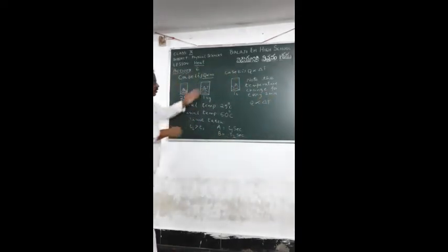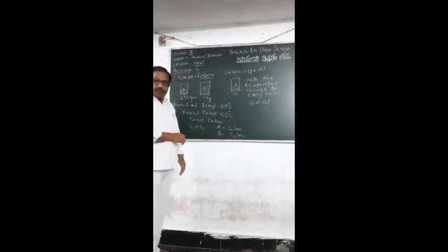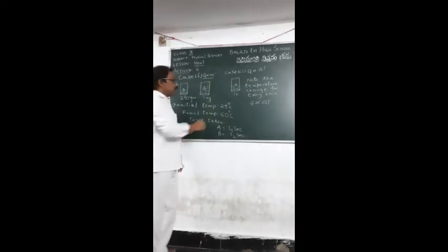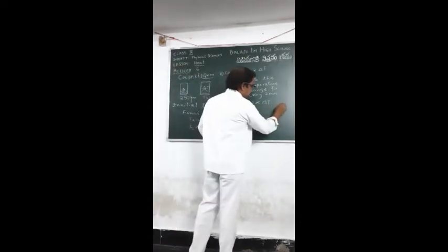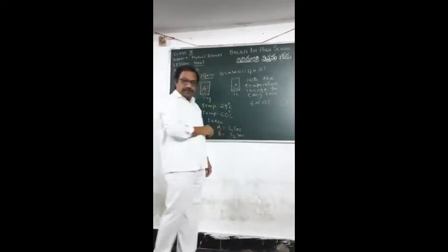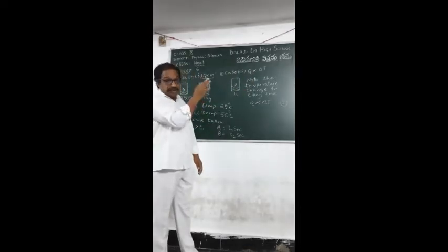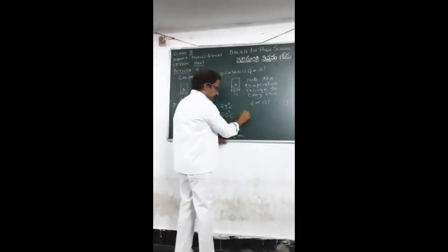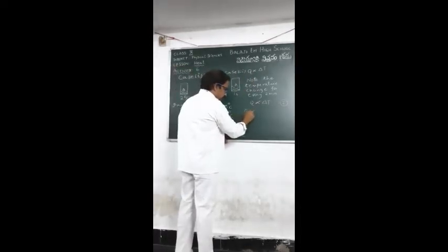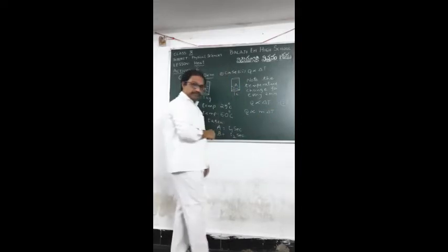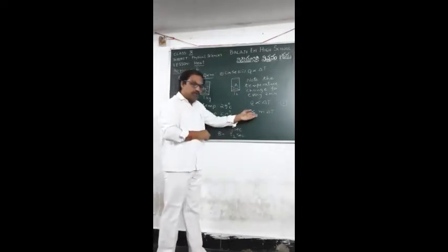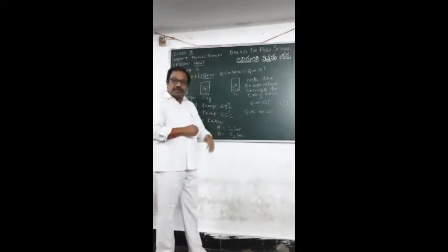Previously we concluded Q is proportional to mass, Q is proportional to m. Let us take this as equation 1 and this as equation 2. When you combine 1 and 2, we can say Q is directly proportional to m into delta T. When you want to remove a proportionality, you have to introduce a constant.